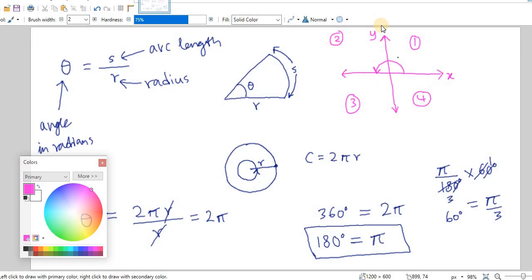Then halfway is what? Pi radians. So pi radians is equal to 180 degrees.